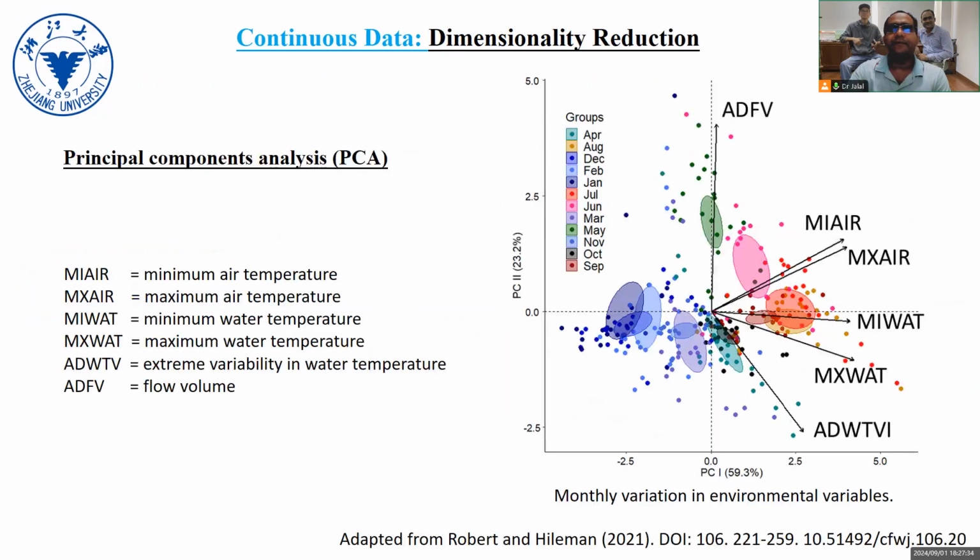Then we can also reduce the dimensionality. If you have large data sets, for example, the monthly variation in environmental variables. There are a lot of variables like minimum air temperature, maximum air temperature, minimum water temperature, etc., and it varies monthly.